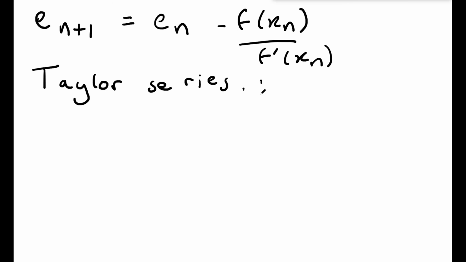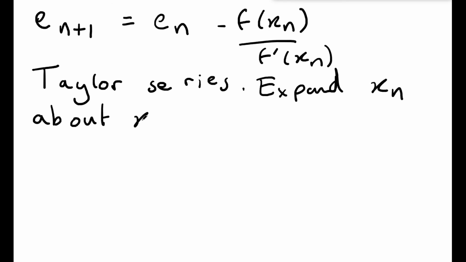What we're going to do is expand our numerical solution x of n about the root x star. We're going to approximate the value of f at the point x star by deviating from f of x of n.